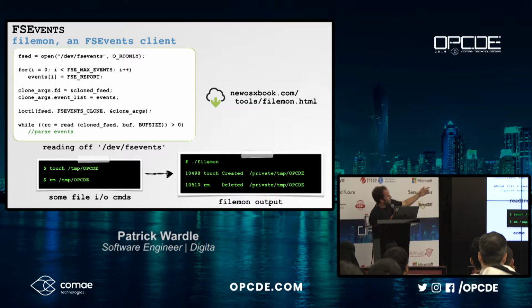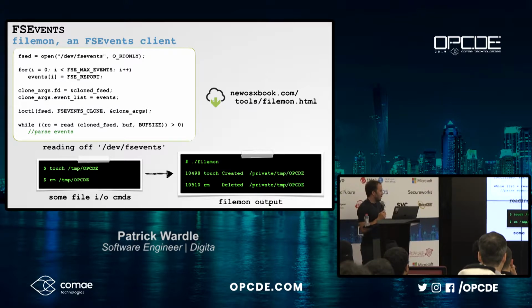So we set fse_report to every single event. We then clone the file descriptor, and at the very bottom, we enter a while loop just reading forever off this file handle. As these file I/O events come in, the kernel will deliver them to user mode via that file. And since we're reading off those files, we can consume and parse those events.